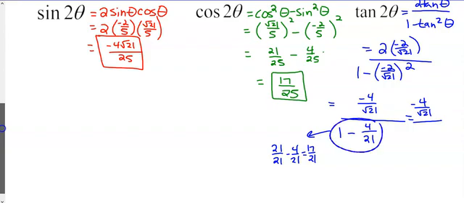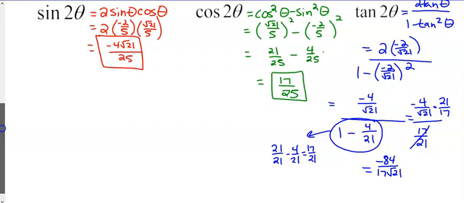This whole denominator just comes down to 17 over 21. Okay? Then fraction over a fraction is ugly, so instead of dividing by a fraction, multiply by the reciprocal. So multiply by 21 over 17. And we're going to end up with negative 4 times 21 is negative 84 over 17 root 21.